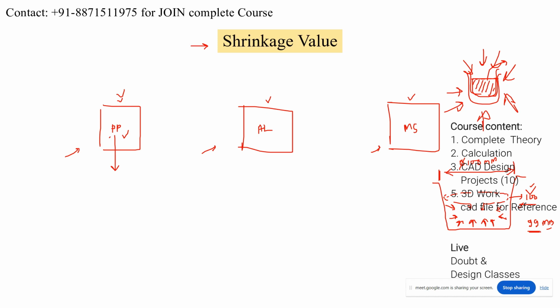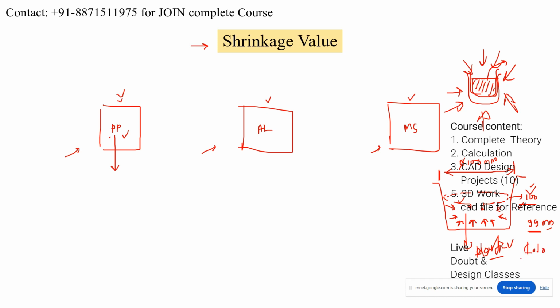If the vessel diameter is 100 mm and you get 99 mm after the solidification of this plastic material, how much percentage did it shrink? 1%. So for this specific plastic, any plastic, the shrinkage value is about 1%.